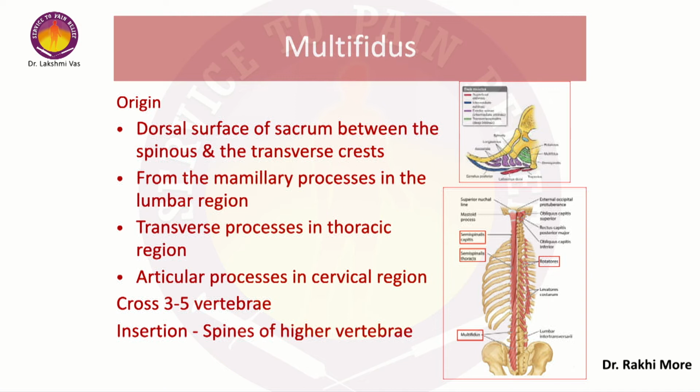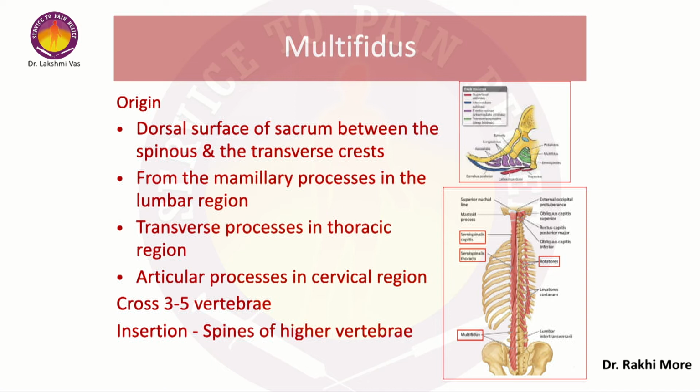Okay. Now multifidus has its origin on the dorsal surface of the sacrum between the spinous and the transverse crest, from the mammillary processes in the lumbar region, transverse processes in the thoracic region, and articular processes in the cervical region. And it crosses around 3 to 5 vertebrae.